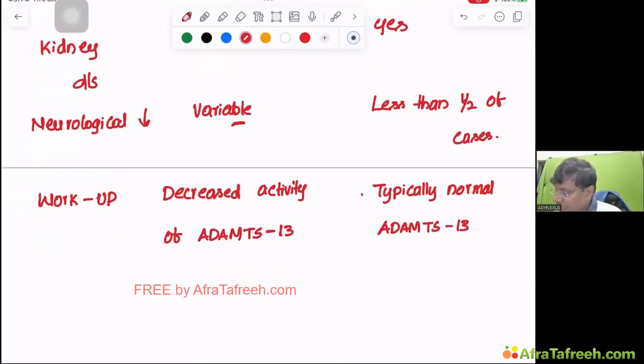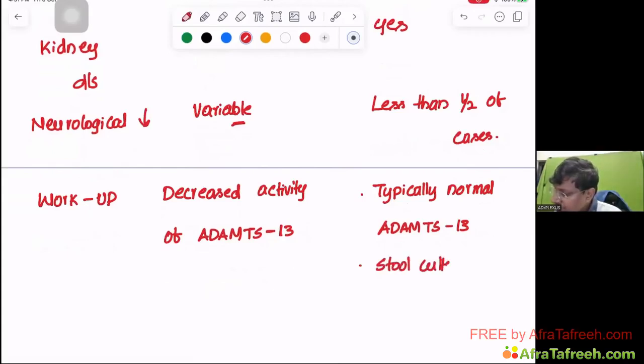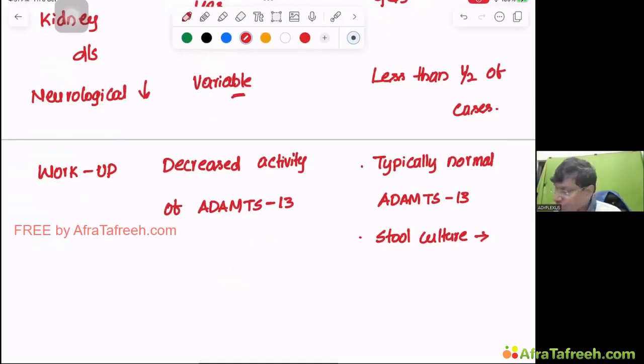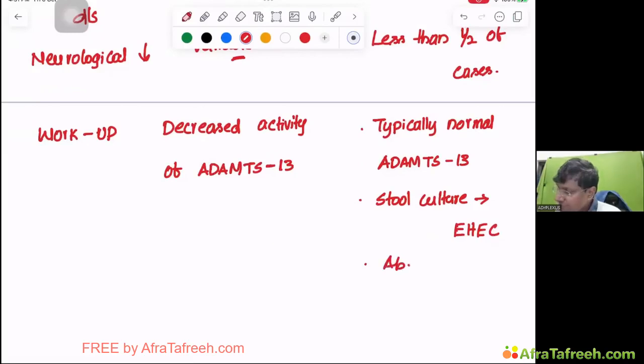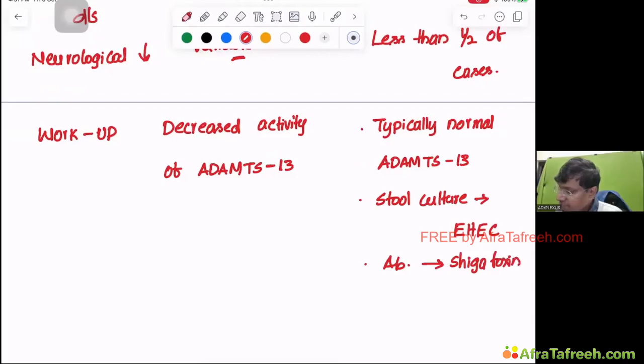But what they will have is stool culture, which will be positive for Escherichia coli, that is enterohemorrhagic E. coli. There is also antibody that can be picked up against the Shiga toxin. That is the workup in both of them.